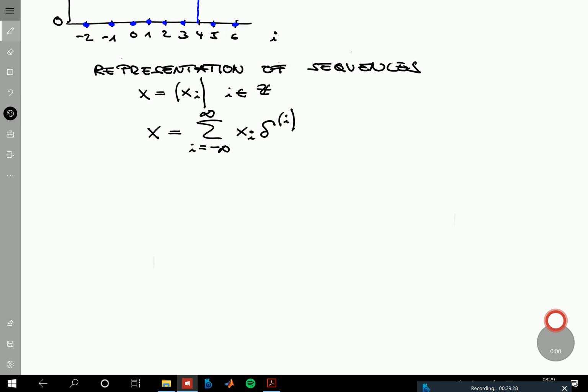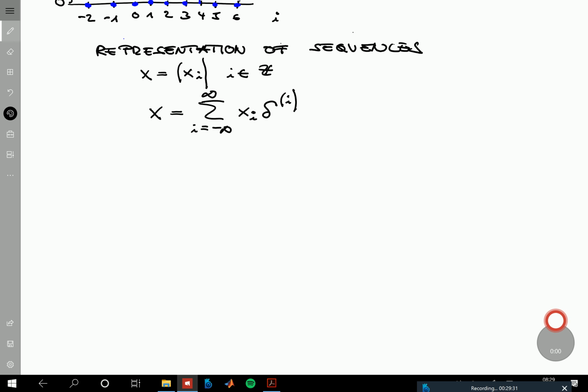This might look quite harmless, but you really should think about what this means. This here is a sequence, this is the ith element of x, and x_i is a scalar, a real number, because it's just an element of the sequence. So what we have under the sum symbol is the scalar multiplication of this ith element with a sequence again.